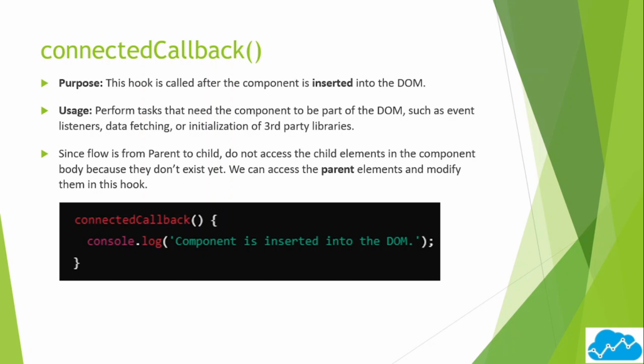Again, since the flow is from parent to child, we cannot access the child elements in this component because they don't exist yet, but we can access the parent elements and also modify them in this lifecycle hook. In the connectedCallback method, in console.log we are putting component is inserted into the DOM.